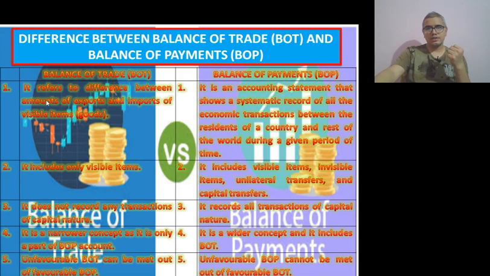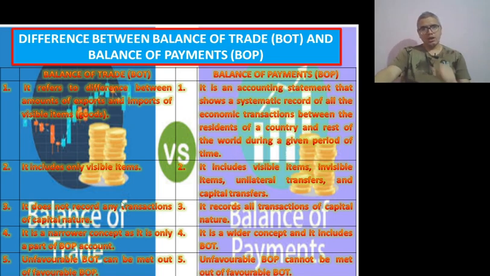The first difference is that balance of trade, as we have been discussing, only deals with the difference between the value of imports of goods and exports of goods, visible items only. On the other hand, balance of payments, as we discussed in our very first class, records all the transactions, not only the visible items but also invisible items, capital transfers, income transfers, unilateral transfers, etc., between the residents of a country and the rest of the world during a given period of time.